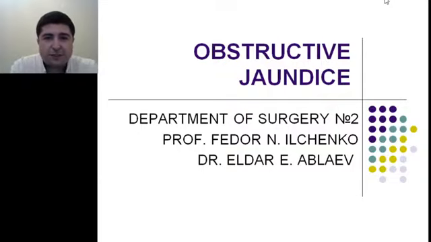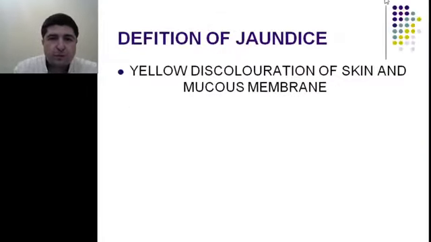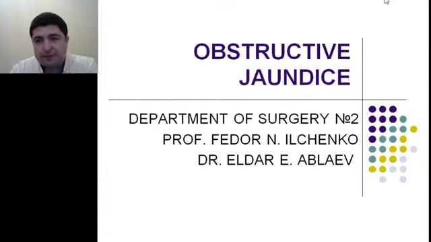The topic of our lecture today is mechanical or obstructive jaundice. It's a difficult and very interesting topic and problem in surgery. Why? Because jaundice, as you know, is a complication.